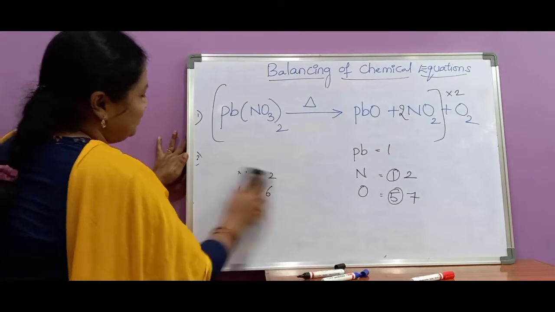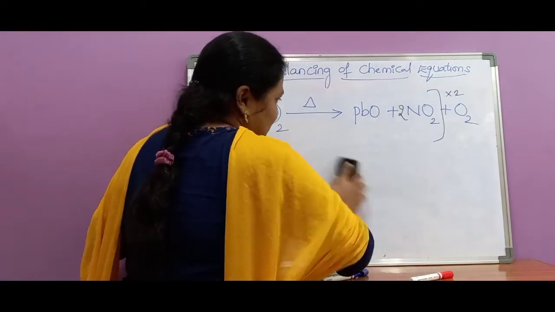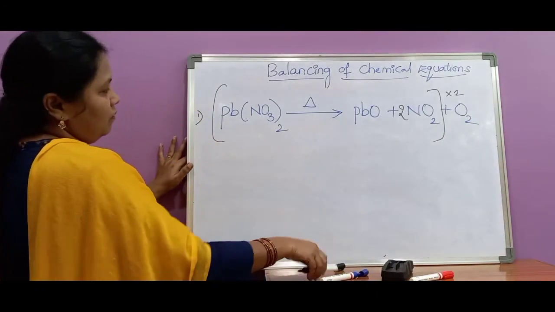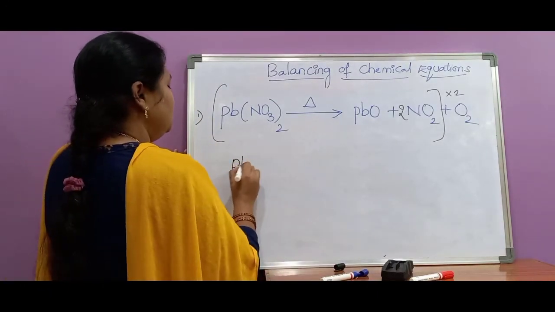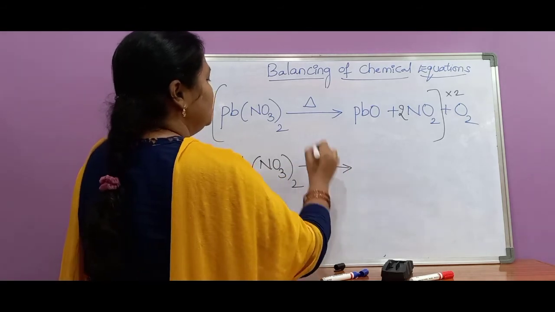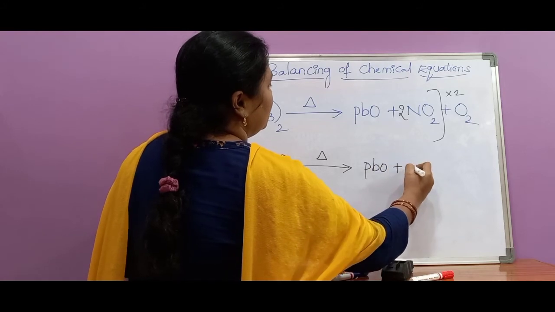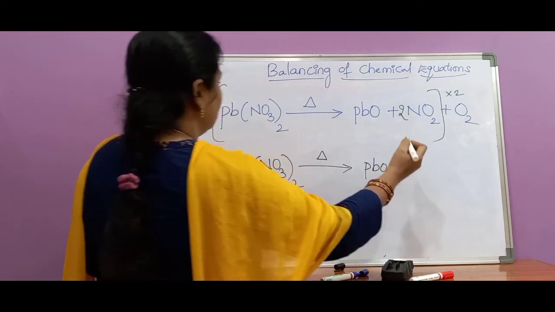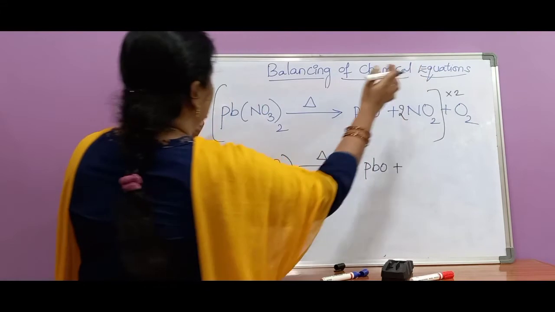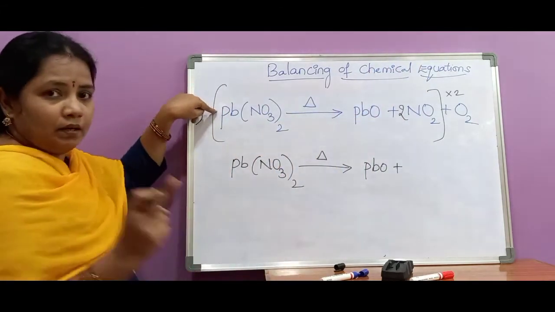Now we will see that one. We will multiply the coefficients. Pb(NO3)2 taken twice on heating gives PbO, NO2 and O2, multiplying the whole equation with 2. Here any coefficient not being there means it is considered as a 1.